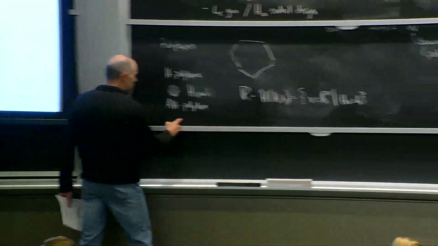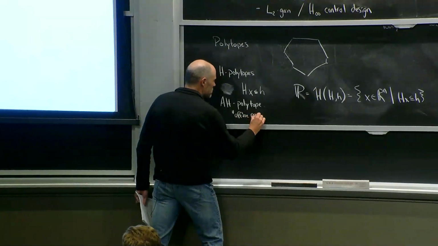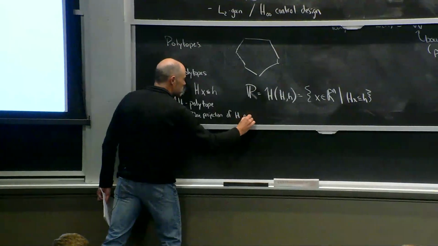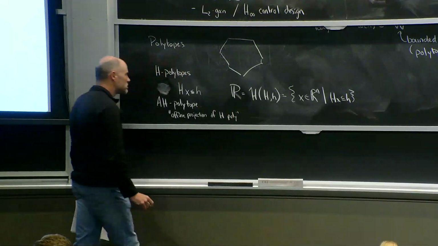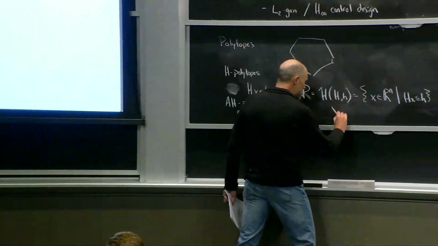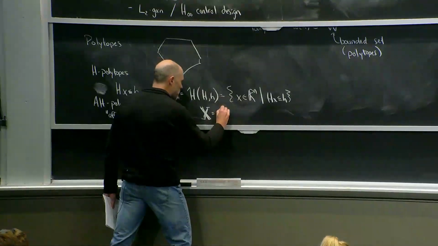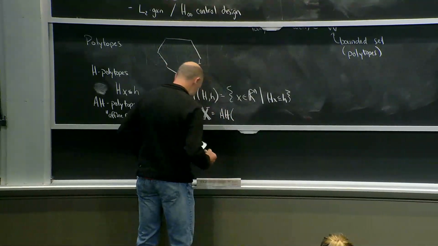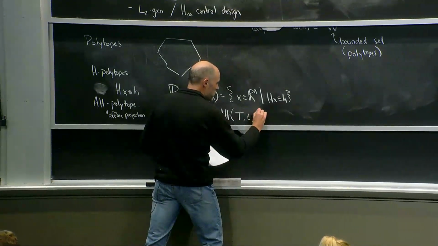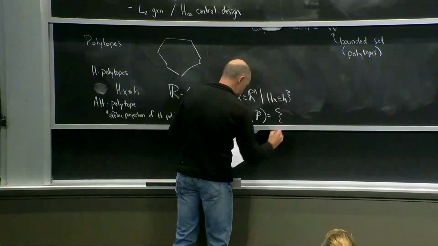It's kind of a set notation. An AH polytope is an affine projection of an H polytope. And I'll write that as a set. I'll call it X, and I'll call that AH, and I'll parameterize it like this.